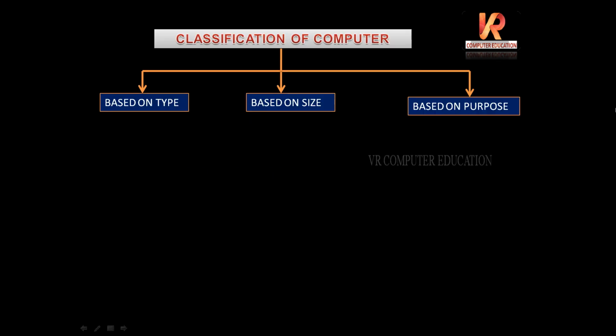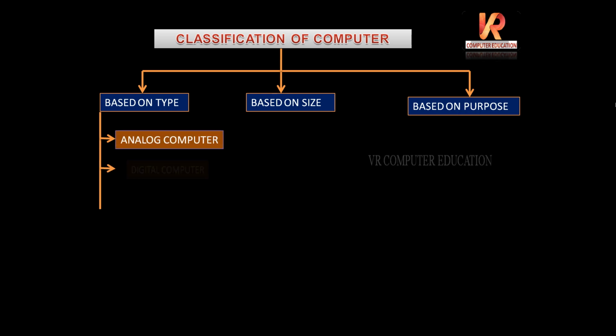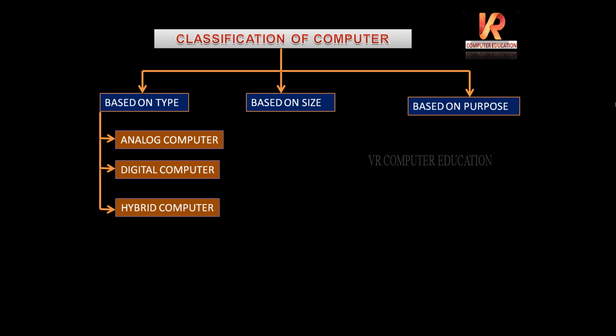Based on type, computers are classified like this: analog computer, digital computer, hybrid computer. So based on type, computers are classified into three types.